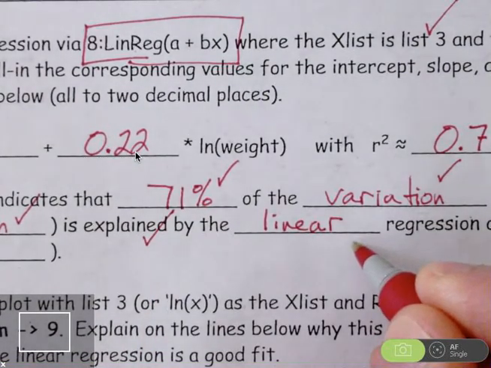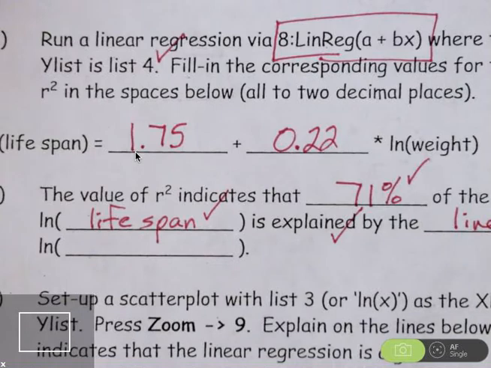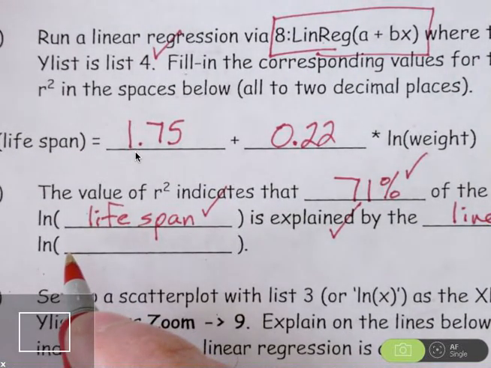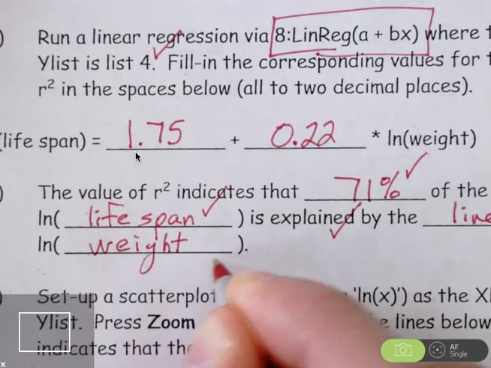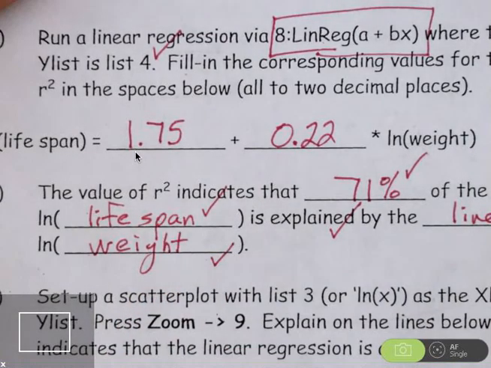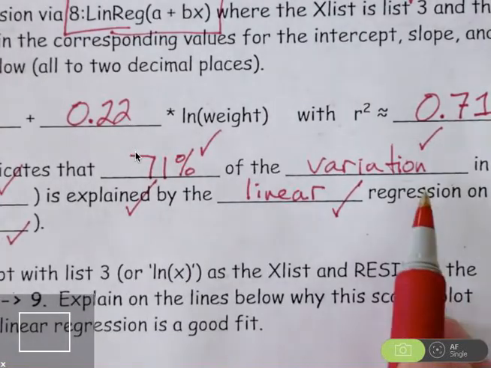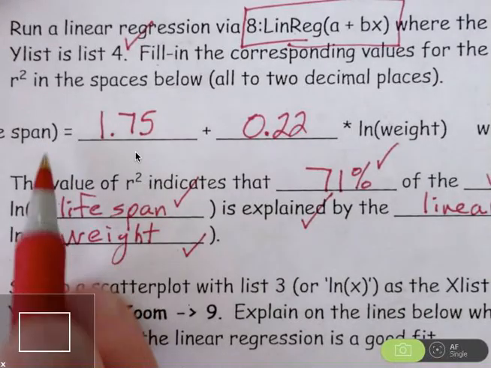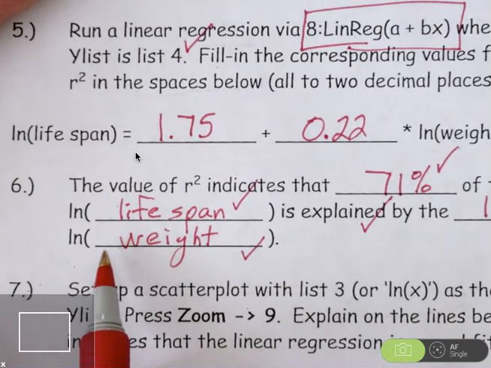We are giving the type of model here. We have used a linear model using these natural logarithms, and that linear regression was built with an explanatory variable of the natural log of weight. So there's the 6th idea that needs to be in there for r squared. 71% of the variation or the variability in the natural log of lifespan is explained by the linear regression on the natural log of weight.